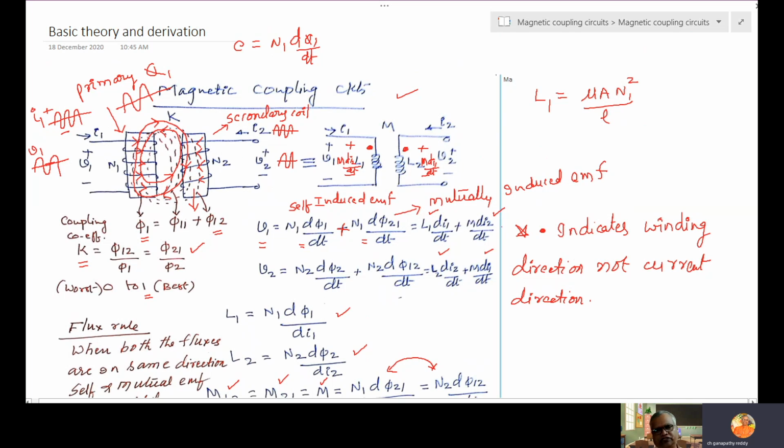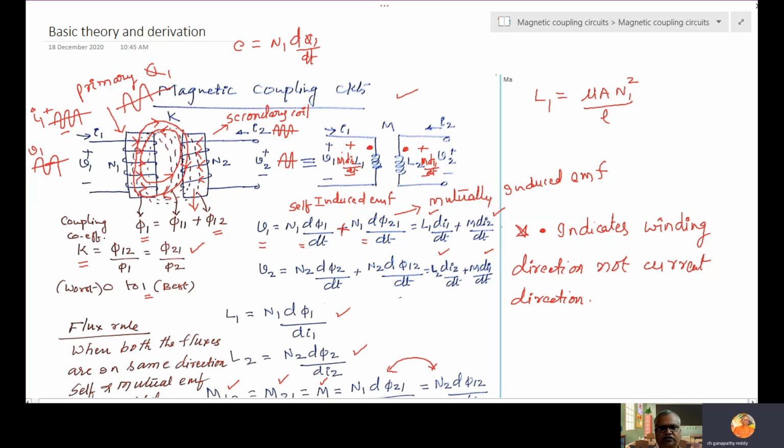Once again I am summarizing the key points. What is k? Coupling coefficient, φ12 by φ1 or φ21 by φ2. What is the range of the coupling coefficient? 0 to 1. 1 is the best coupling, 0 is the worst coupling. Dot indicates the winding direction, it never indicates the current direction. So dot will take care of winding direction. For the coil directions shown in the first figure, both dots will come on the upper side.